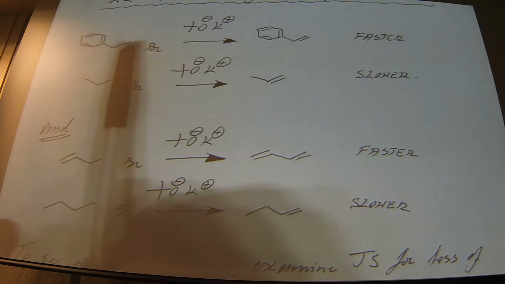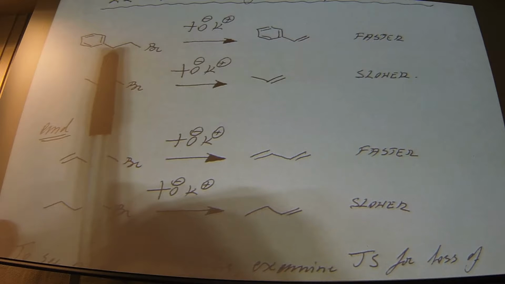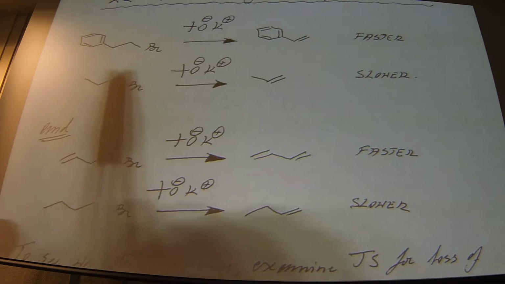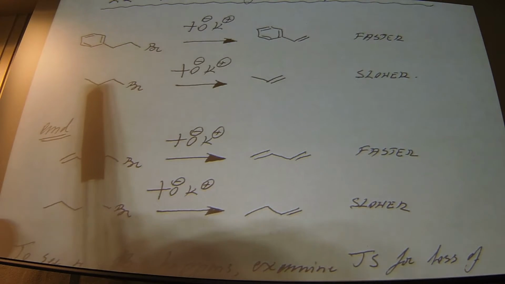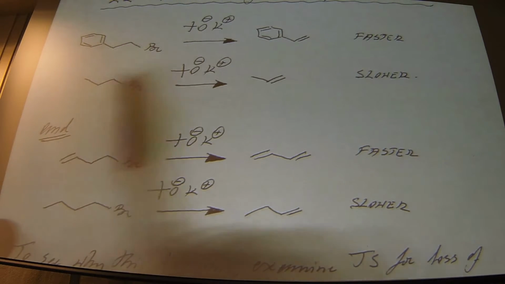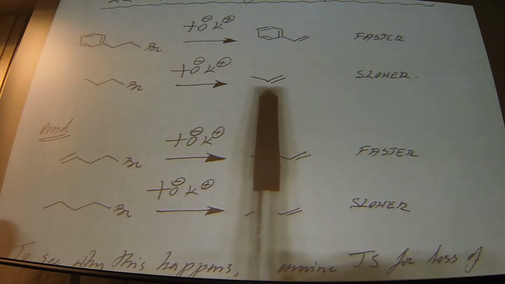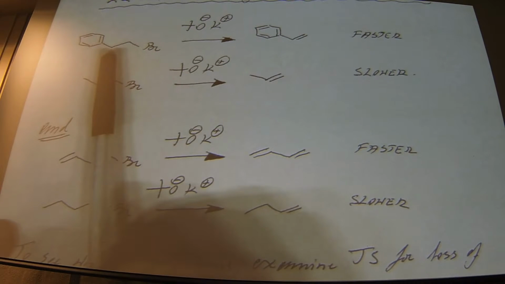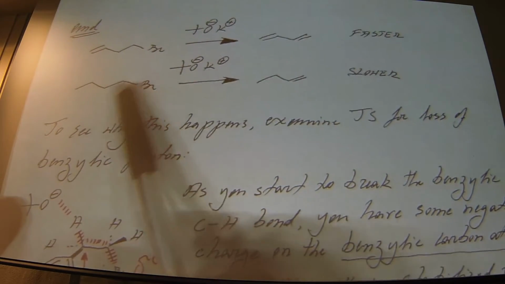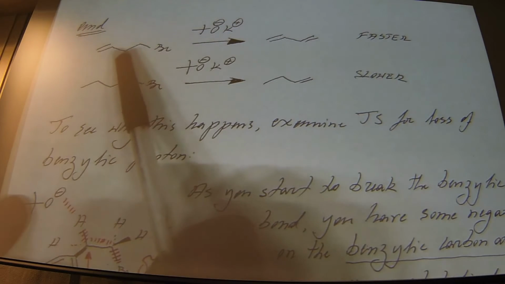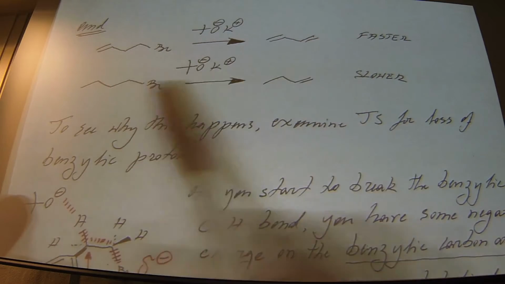Remember this is a beta elimination, and I have to remove the beta proton here. And so here's a non-allylic primary bromide, so benzylic, not benzylic, not allylic. Faster, slower. So removal of the benzylic proton, fast. Non-allylic, non-benzylic, slow. Here it is for a comparison of non-allylic, non-benzylic, and removal of an allylic proton. Removal of the allylic proton, fast, slow.